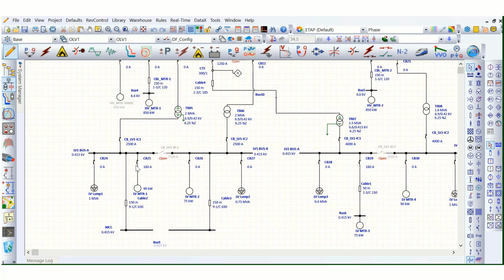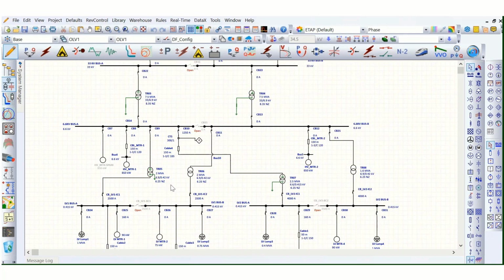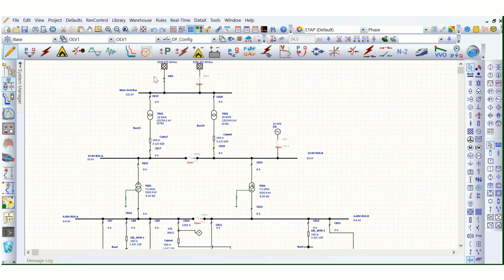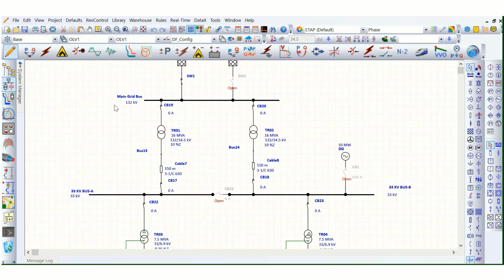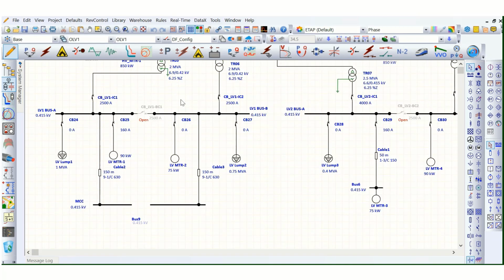Coming to the 415 volt low voltage system, here is the downstream network. Actually I am using the same network that I have used in some of my previous videos. For the relay setting purpose also I have used this network, that's why the relays and connected CTs are also configured here.